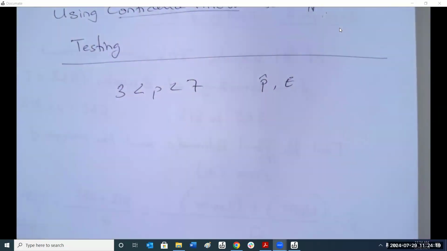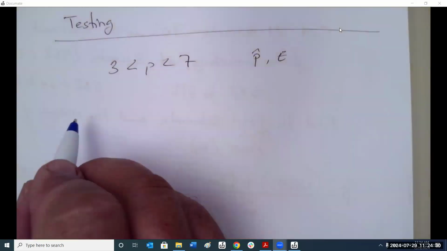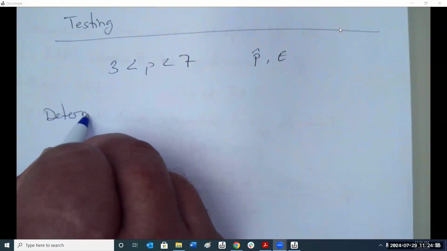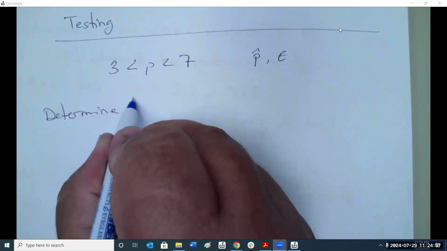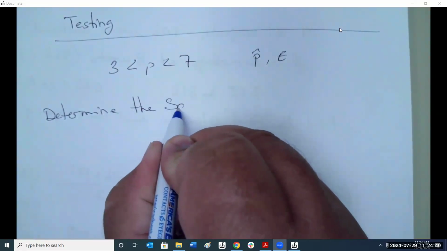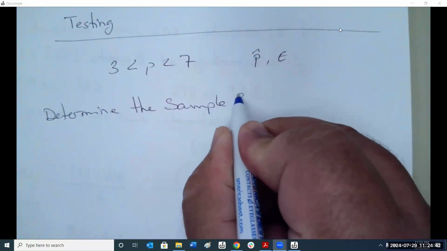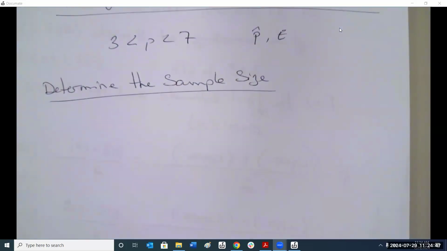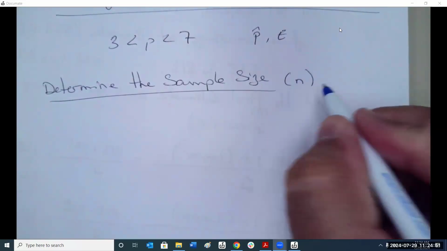We can't really do hypothesis testing just yet because we have to determine what is a hypothesis, what is the null hypothesis, what's the alternate hypothesis, and how do you compare the two. So the first thing we have to do is determine the sample size. Sample size is n.